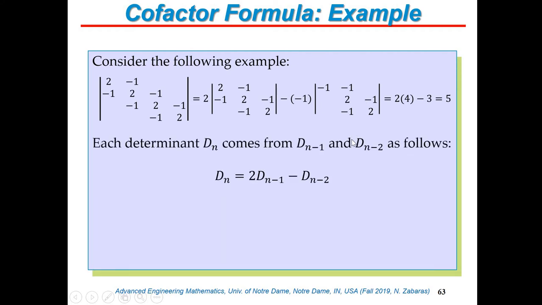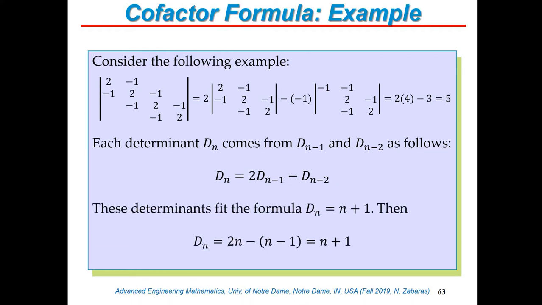So actually I can write this in general for an n by n tridiagonal matrix as d_n equals 2 times d_(n-1) minus d_(n-2). And you can verify, or you can actually use this recursively, starting with 1 by 1 or 2 by 2 matrices. You can verify that the solution to this equation is indeed that the determinant of this n by n tridiagonal matrix is n+1.